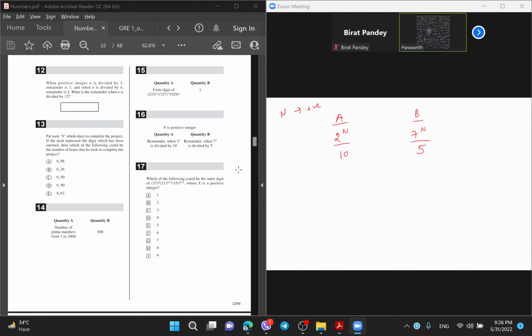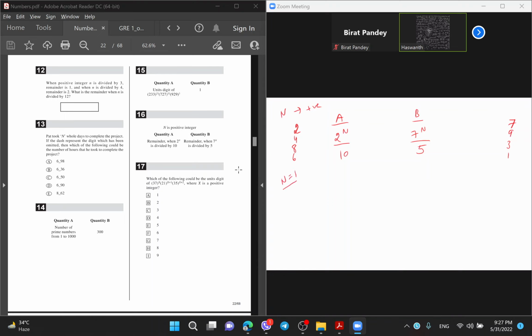Power cycle of 2 is 2486. These are the possible units digits. As it varies 2486 here, accordingly for 7 it varies 7931. So just check for the first four numbers in the power cycle. Based on that, other numbers will again follow the same trend. So we just need to get units digits.